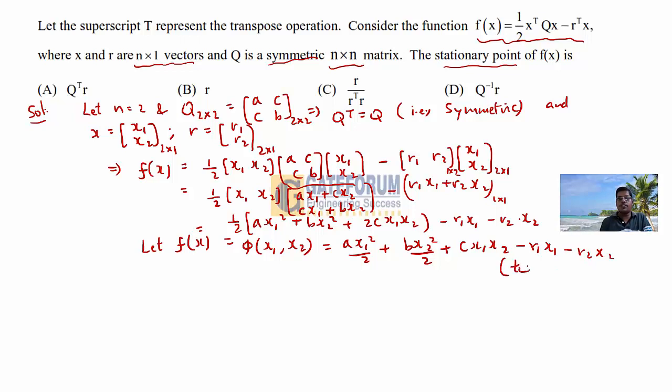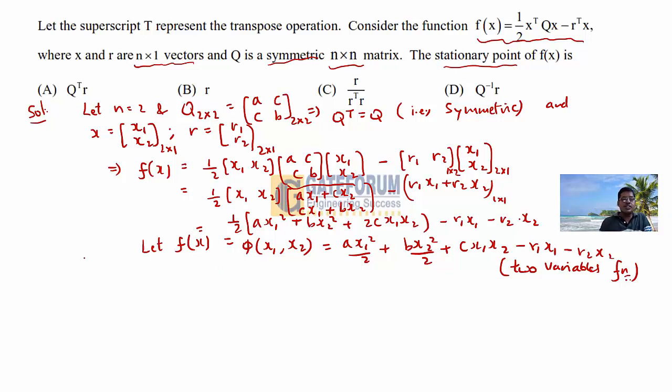Two variables function. Very, very important logical question. Good conceptual question. This example for mechanical students, it was obtained in GATE 2021.